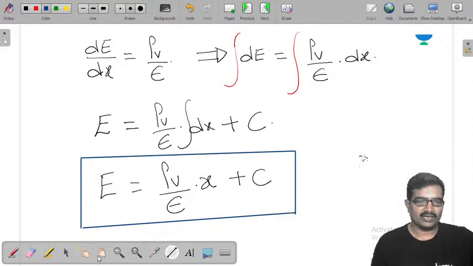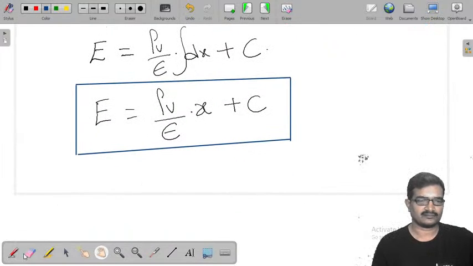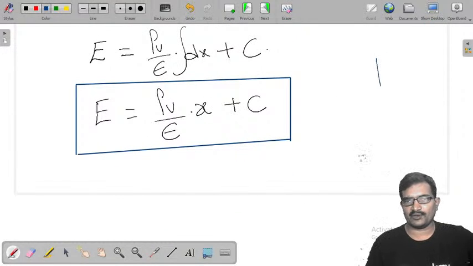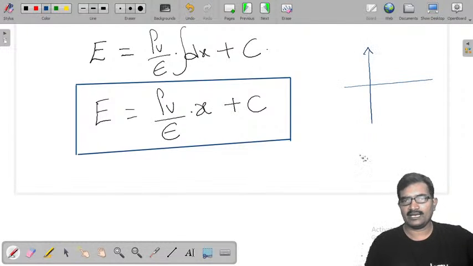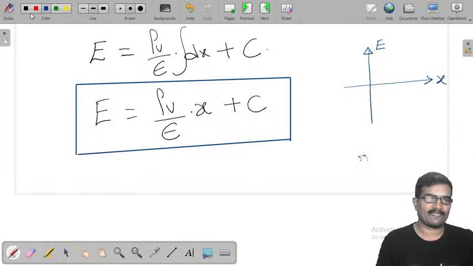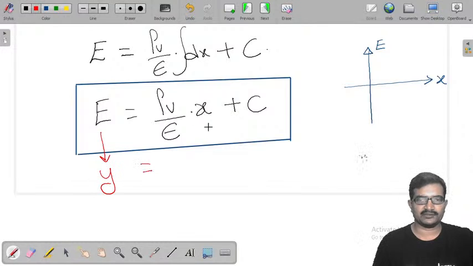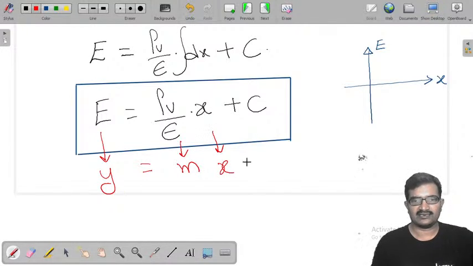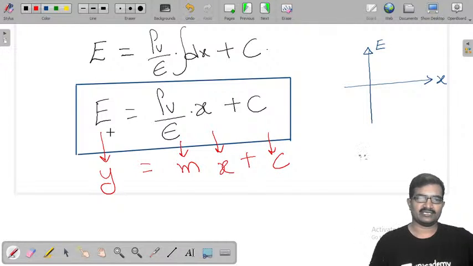Now you observe this equation once. If I take the plot like this, electric field E on the y-axis and x on the x-axis, it looks like y equals mx plus C. So the electric field is a straight line.